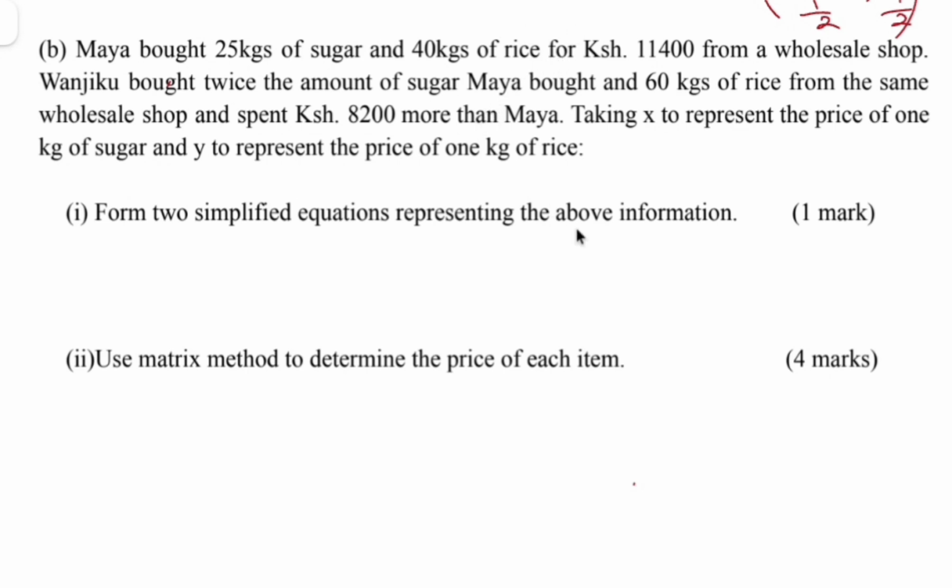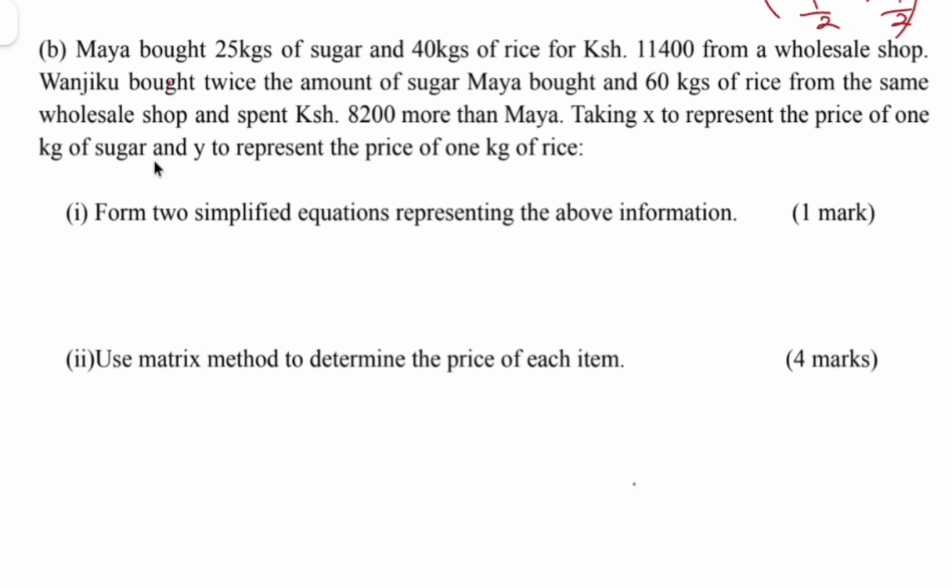Taking x to represent the price of 1 kg of sugar and y to represent the price of 1 kg of rice, form Roman 1, 2 simplified equations representing the above information, and Roman 2, use matrix method to determine the price of each item.